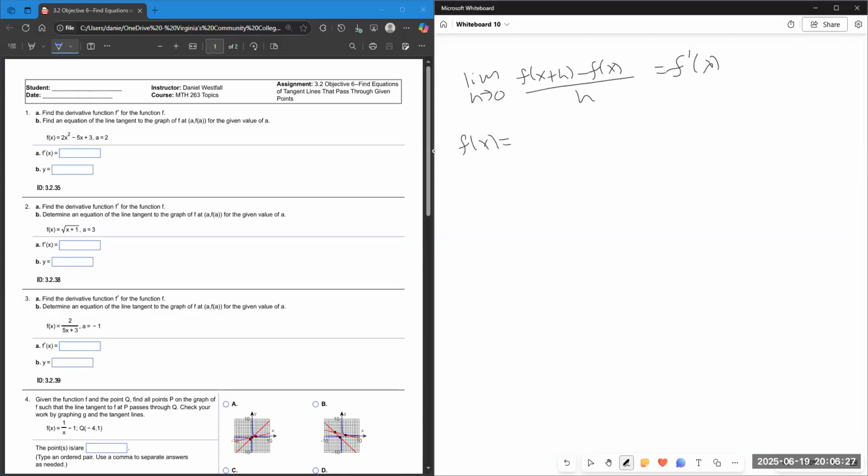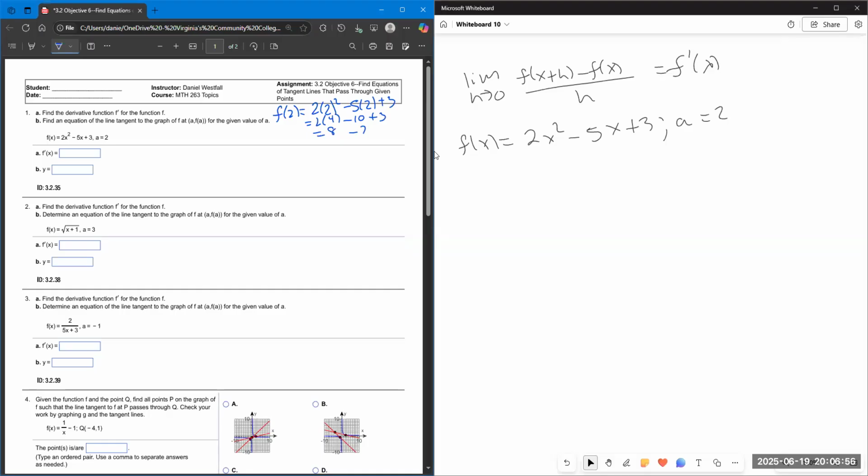F of x is equal to 2x squared minus 5x plus 3. We're given a is equal to 2. Before we get started, we're going to need f of 2 later, so let's just go ahead and get it and hold it off to the side before we take a derivative. 2 times 4 minus 10 plus 3, that's negative 7.